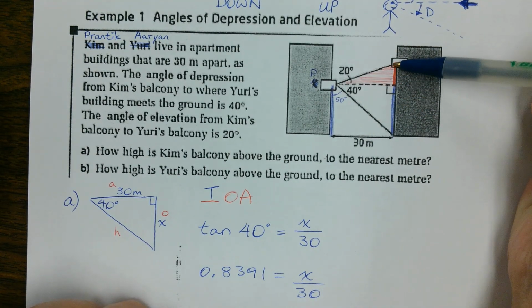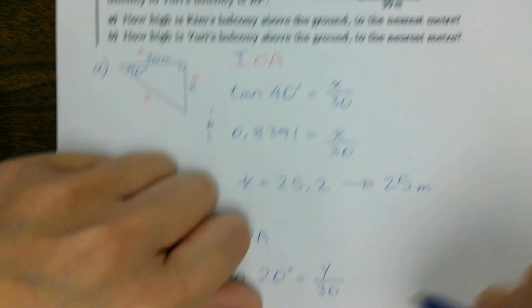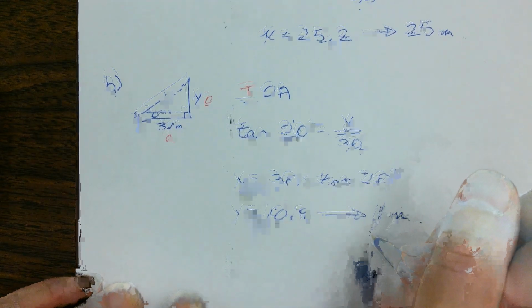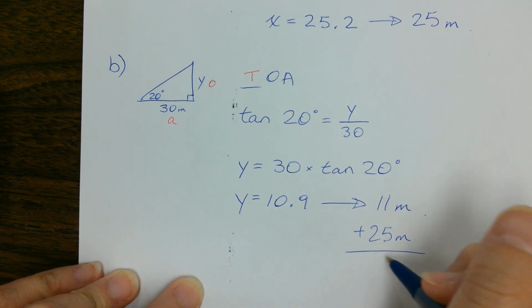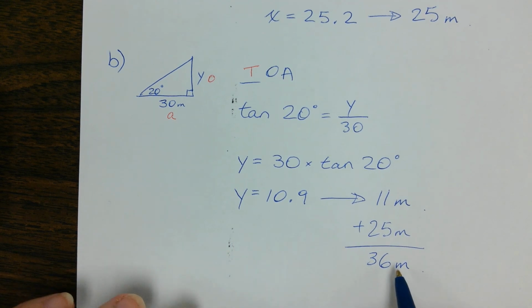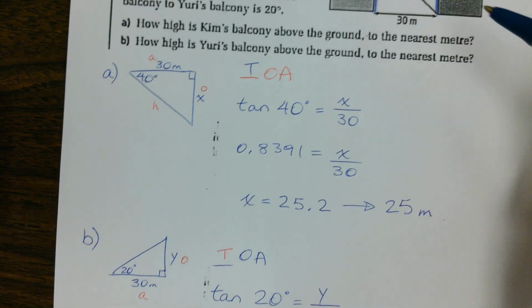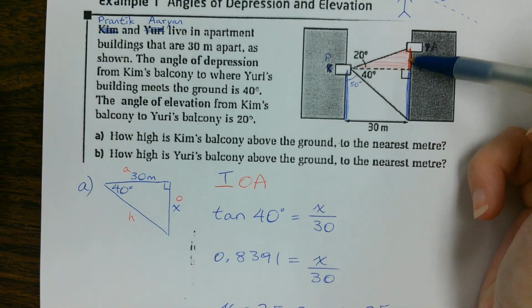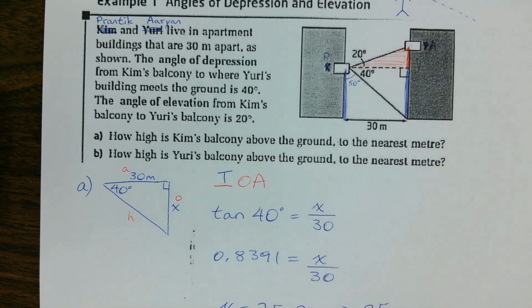So the 11 was just the red part right here. The blue part was the 25. So that means 25 plus 11. So Arian's balcony is actually 36 meters above ground. You added this part with this part, which gives you the whole height.